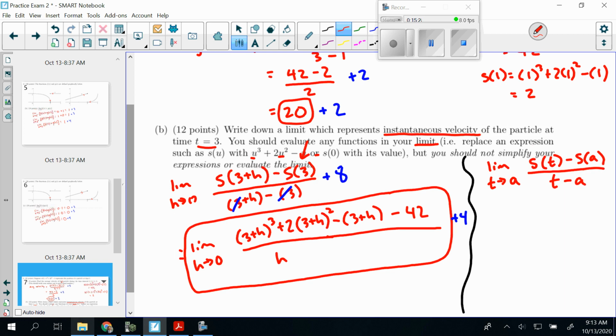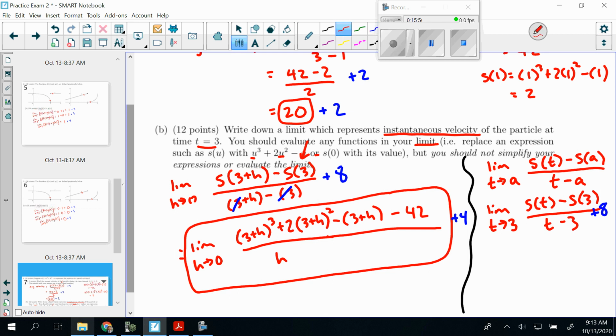So in this problem, since it's approaching 3, you would have wanted the limit as t approaches 3 of s at t minus s at 3 over t minus 3. Just like in the other one, if you had that, that was 8 points.